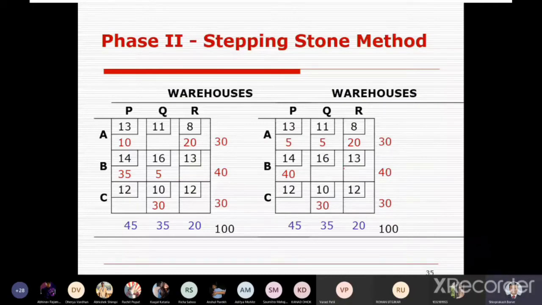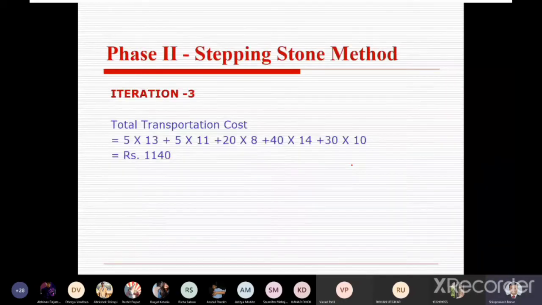And for this new table, we have to check whether I am getting any negative net cost or not. So that is iteration number 3. So here I am getting the value instead of 1160, I think in the previous solution, now we got 1140. So 20 rupees reduction is there in the transportation cost because of new allocation.